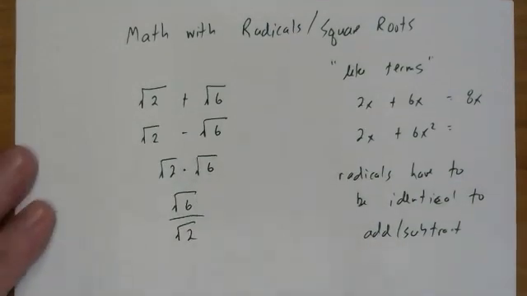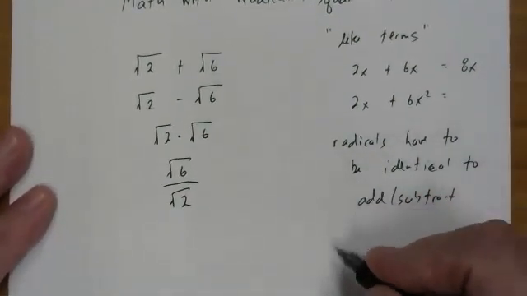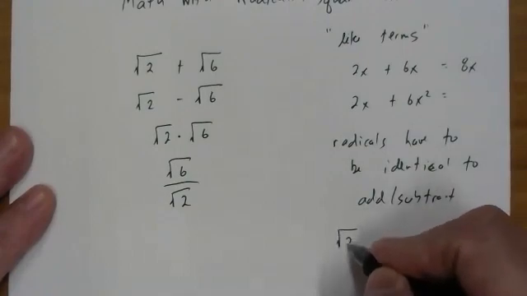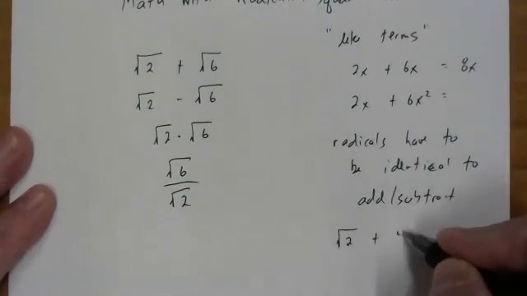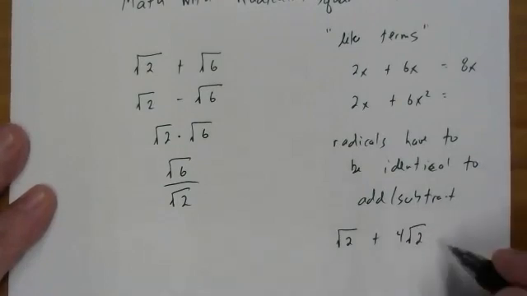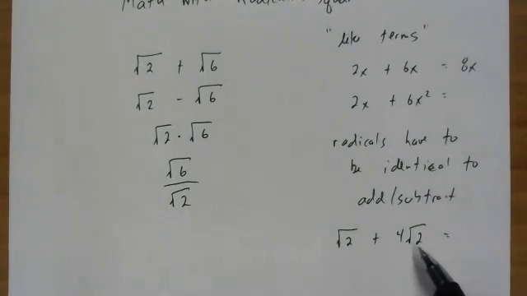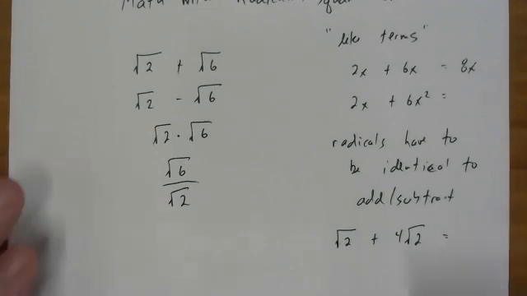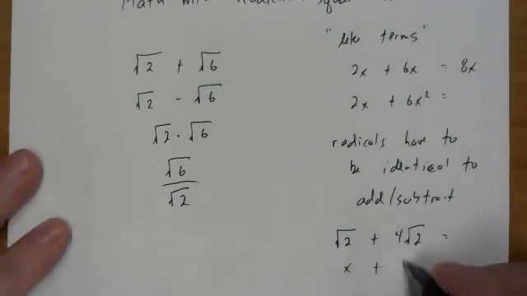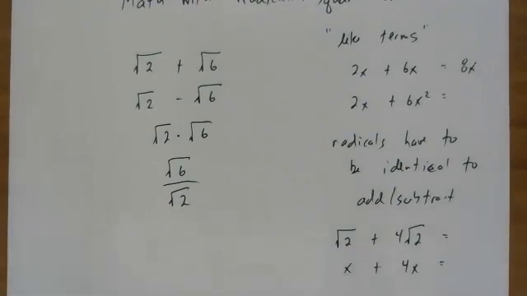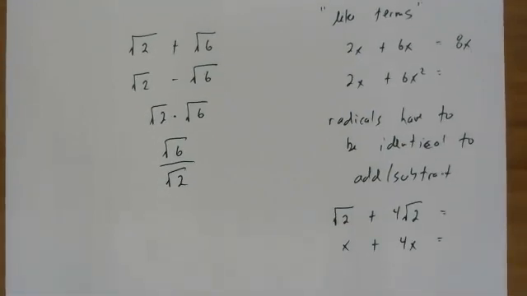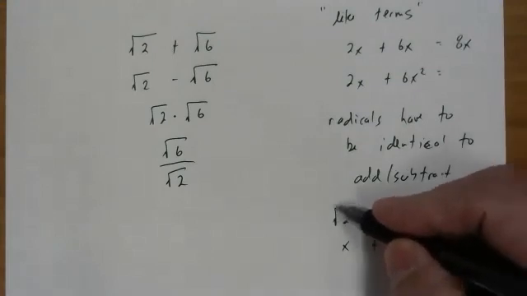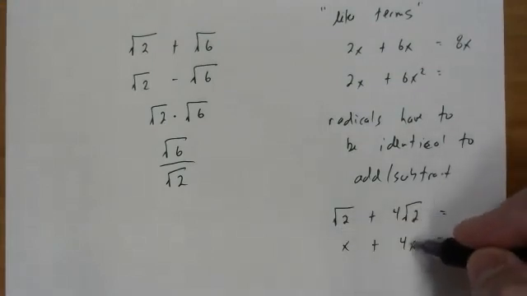Now, before we do the rest of these, let's just see an example of what we could do. If I had square root of 2 plus 4 square root of 2. So I have two different terms here. And because the radicals are the same, it's almost like you can treat it like you're adding x plus 4x, where you can think of the square root of 2 as like your variable x.